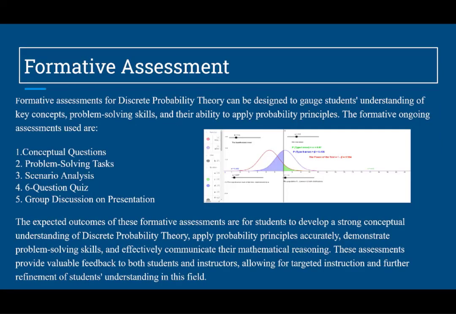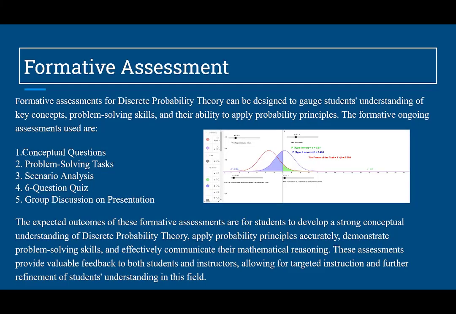The formative assessments for discrete probability theory can be designed to gauge students' understanding of key concepts, problem-solving skills, and their ability to apply probability principles. The formative ongoing assessments used are conceptual questions, problem-solving tasks, scenario analysis, a 6-question quiz, and group discussion or presentation.